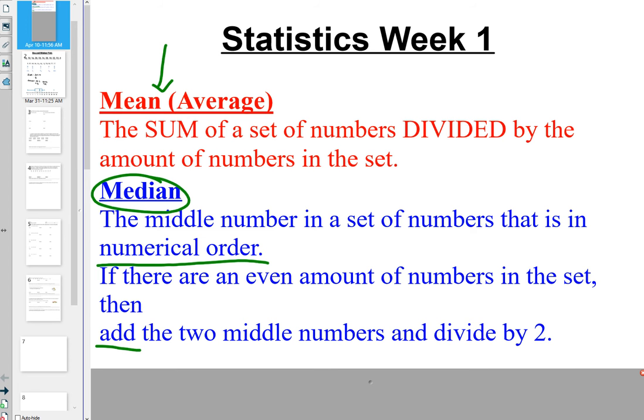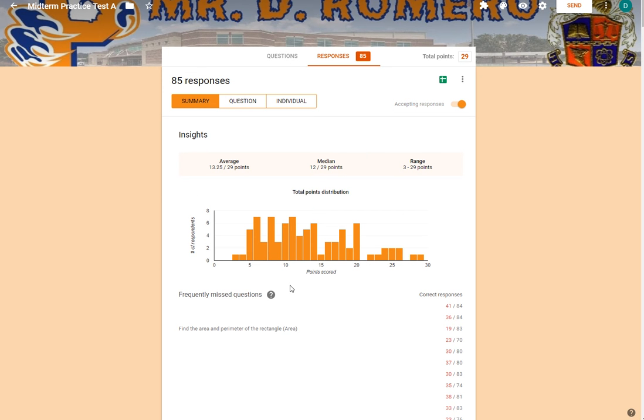I think I have better examples of this, but here's an example. And it's perfect. It doesn't have any names on it. This is a histogram for my other courses. I gave them a practice test for the midterm.